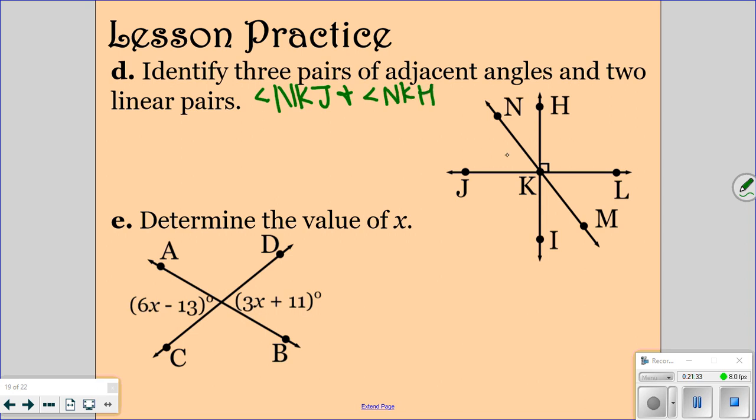So this angle here and that angle would be adjacent. HKL and LKM. Another one would be JKI and angle IKM.